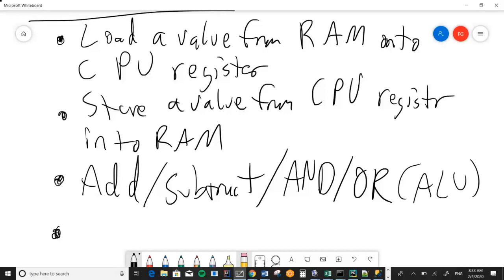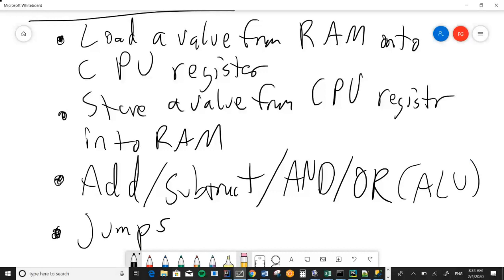And then, very, very importantly, jumps. So a jump is some kind of a change in the control flow of the program. Normally the program marches along sequentially through memory, grabbing one instruction at a time. A jump says, forget that, go to this place over here.